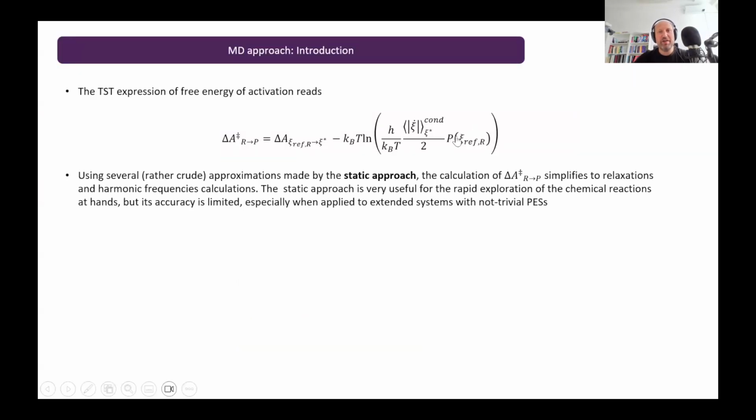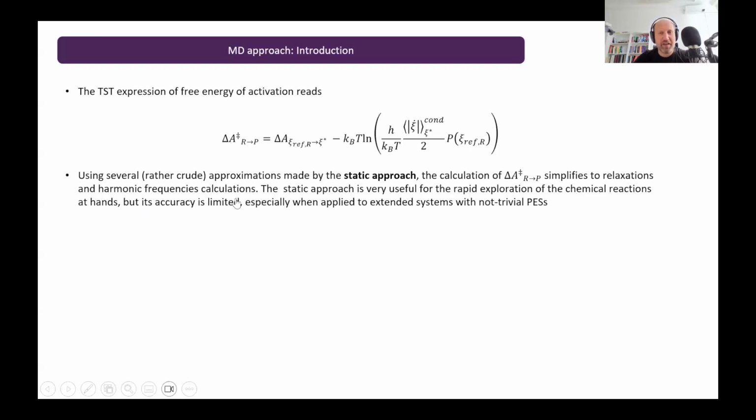In the previous lecture, we discussed this expression of free energy of activation that comes from transition state theory. Then, making several quite crude approximations within static approach, we were able to express this quantity in terms which can be obtained just in relaxations and harmonic frequency calculations.